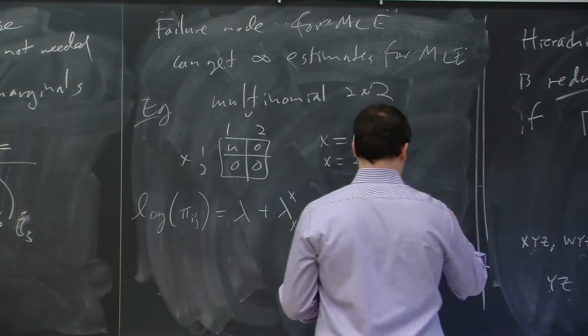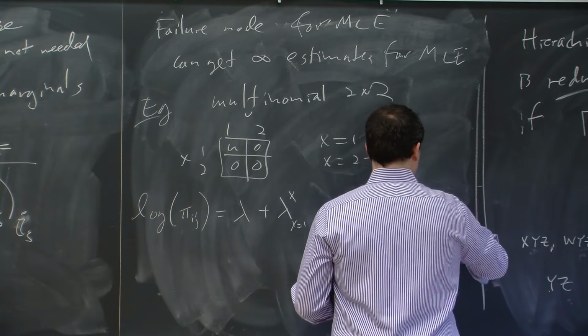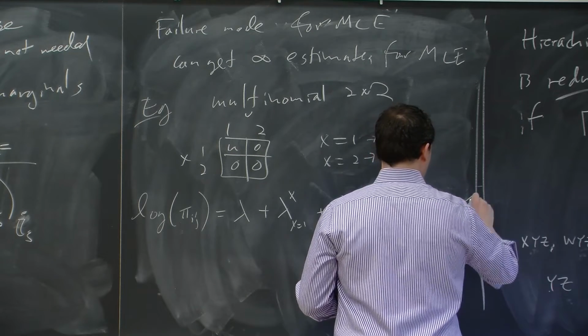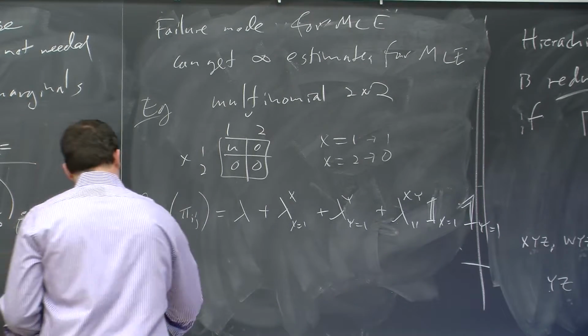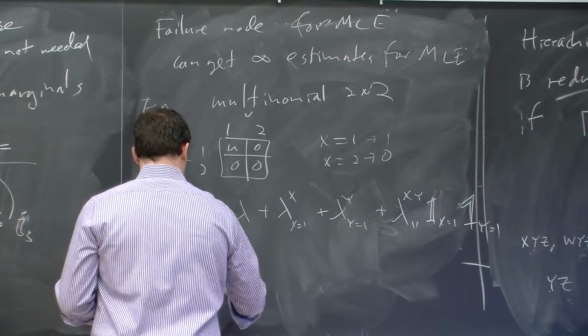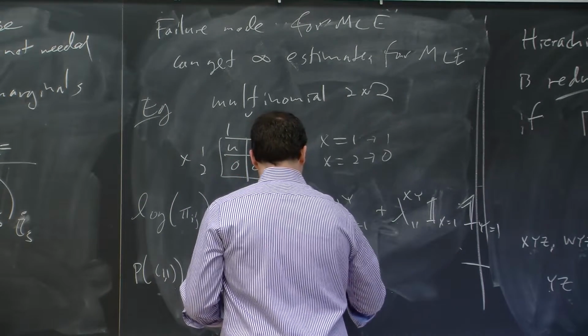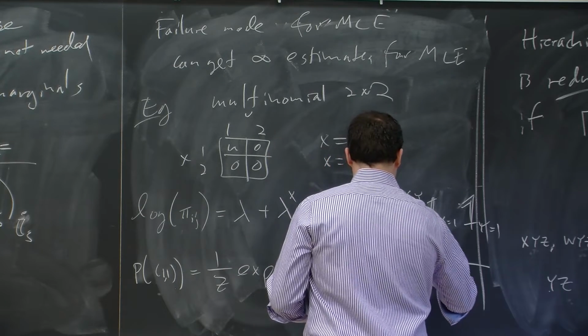And then I should think about this having indicator functions like dummy variables y equals 1. So the probability of the outcome 1, 1 is 1 over z times lambda 1x plus lambda 1y plus lambda 1, 1 xy.